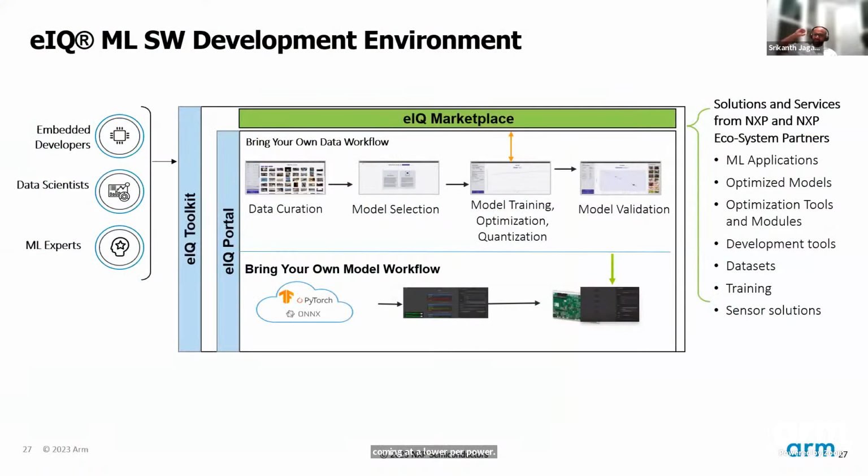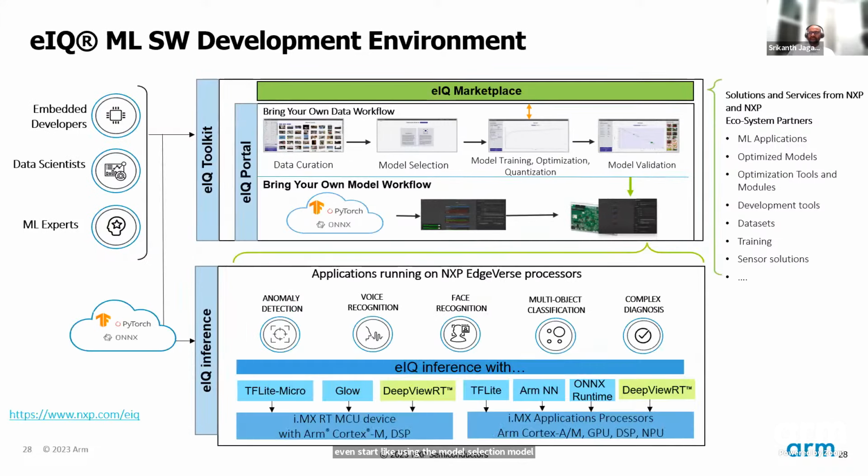From the software enablement side, as I mentioned, NXP has an eIQ software development environment where we enable customers to either bring a model if you already have ML models, or you can even start with model selection, model training, and all those steps that are needed to create the models.